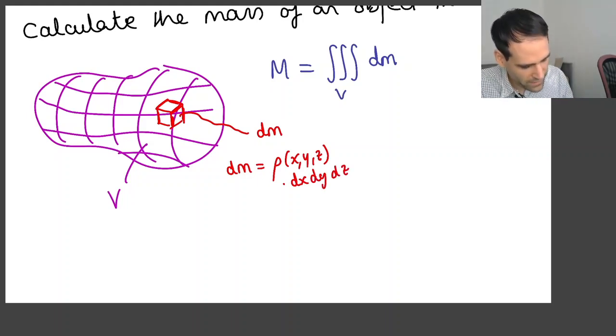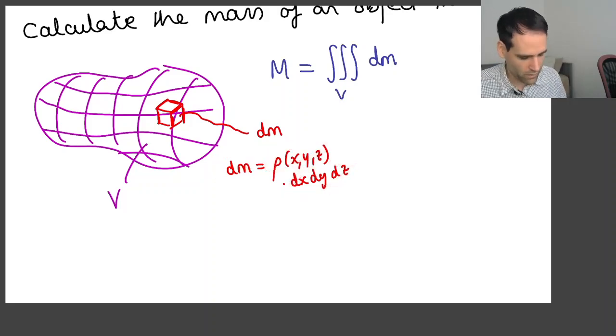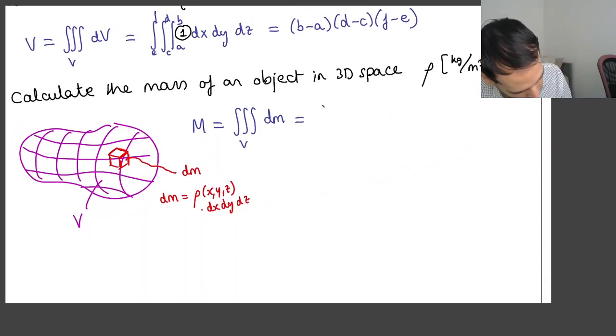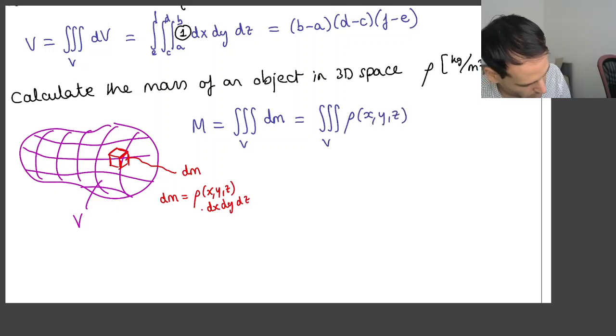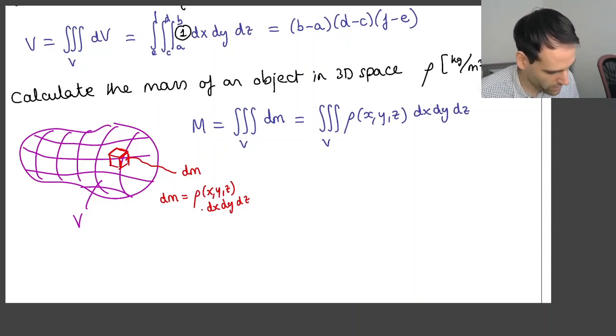You can pretend that the density is constant because this cube is so small. So mass is equal to density times volume. Substituting that into dm, you get that the mass is the triple integral along the volume of the density, which is a function of x, y, z, times dx dy dz, which you could also have written as dV if you wanted.